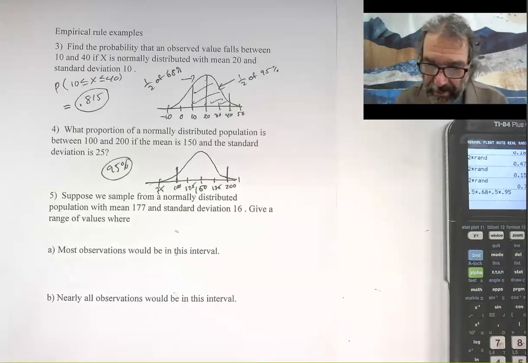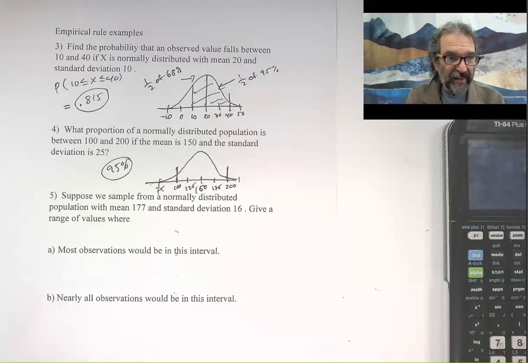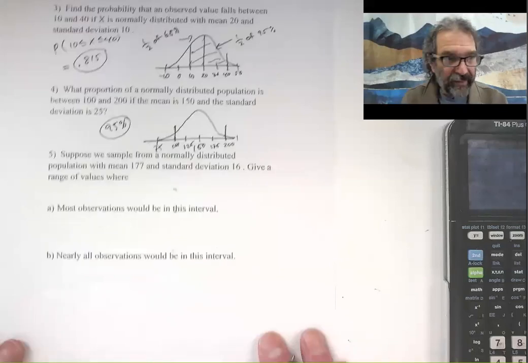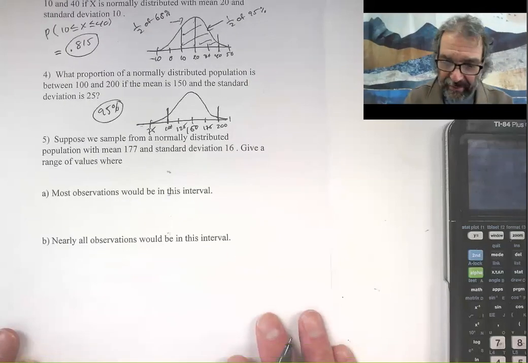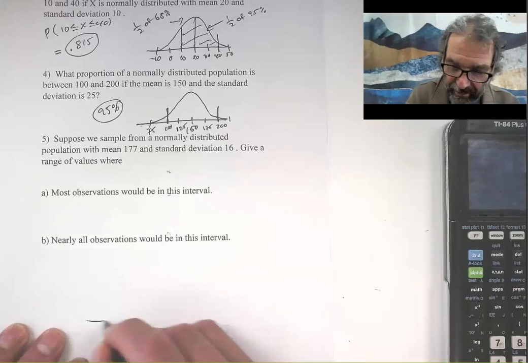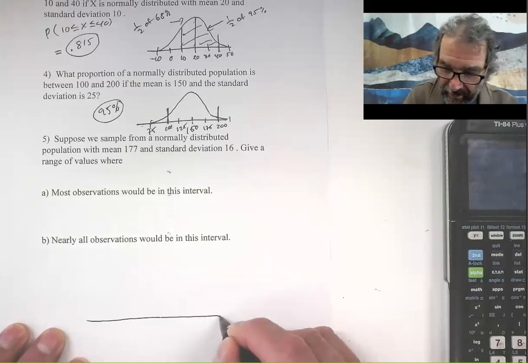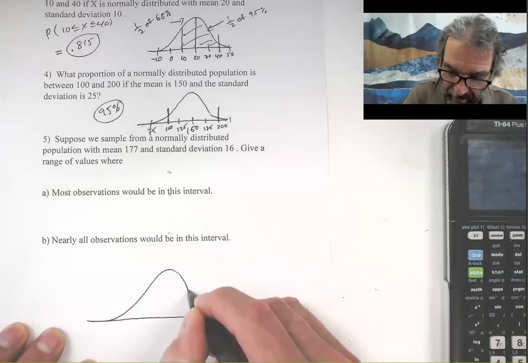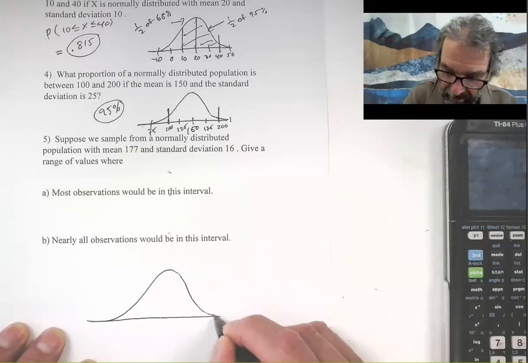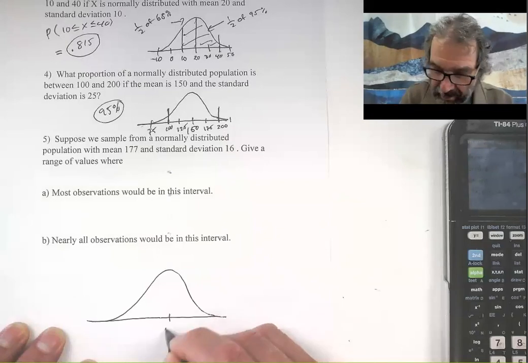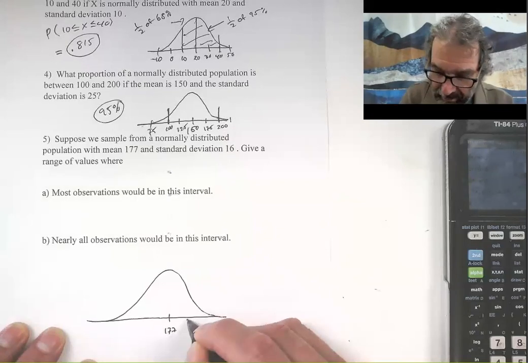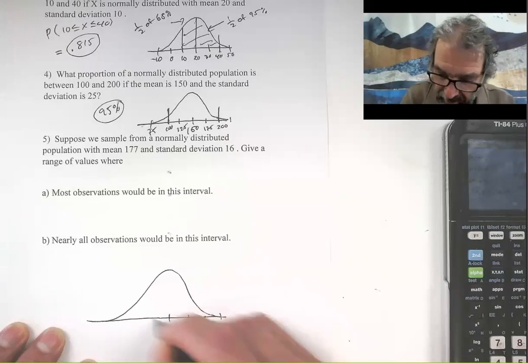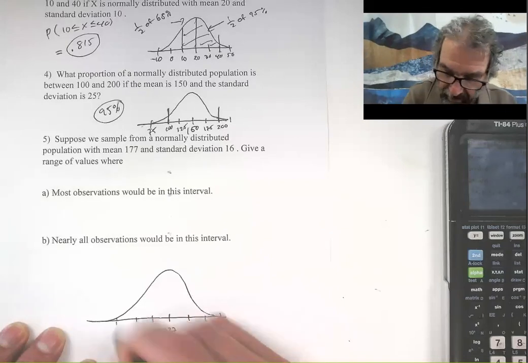And then suppose we sample from a normally distributed population with mean 177 and standard deviation 16. Oh, well, I really think those are not very nice numbers. We'll come down here. This might work. I'll draw a slightly bigger graph because I need more room for digits, I think. Oh, a little bit lumpy. Trying my best. Here we go. 177, and then we go to the steepest place, 2, 3, like that, and 16.